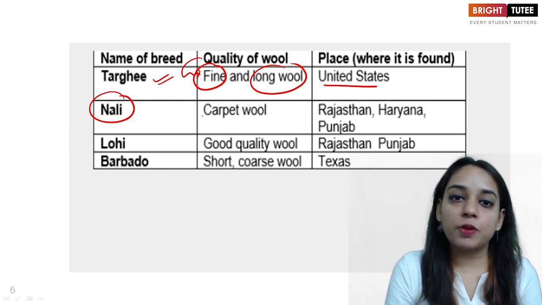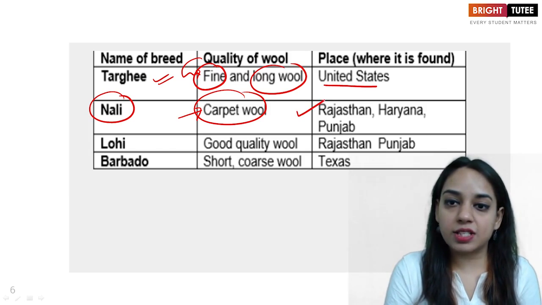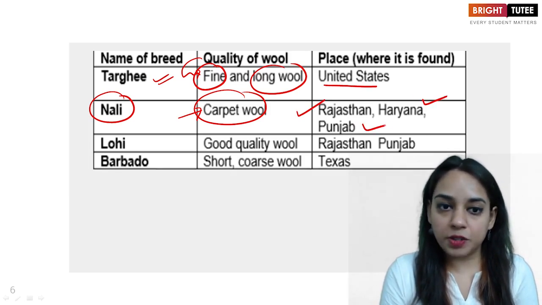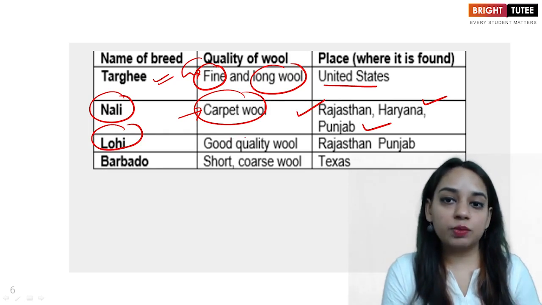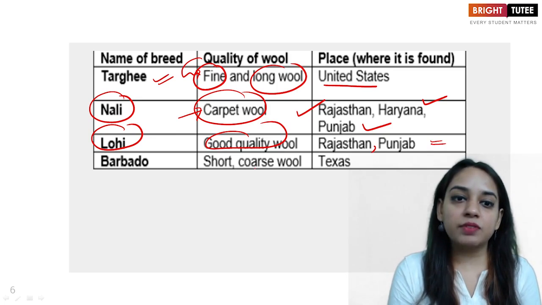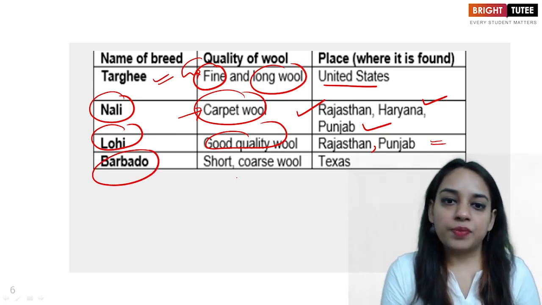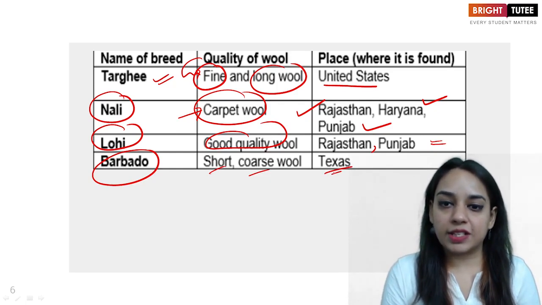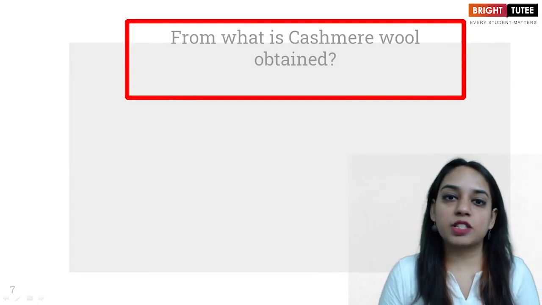It is the type of wool for making carpets, and it is found in Rajasthan, Haryana and Punjab. Then we have Lohi. Lohi is a good quality wool and it is obtained in Rajasthan and Punjab. Then we have Barbados. It is short and coarse wool and it is usually found in Texas. I hope it must be clear to everyone. Let's move to the next question.